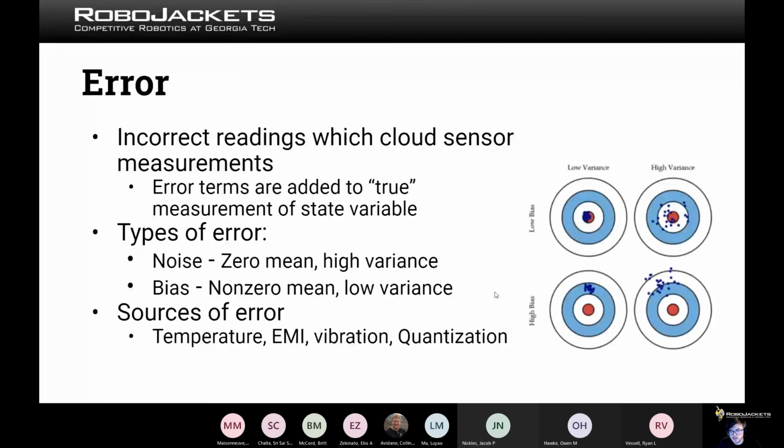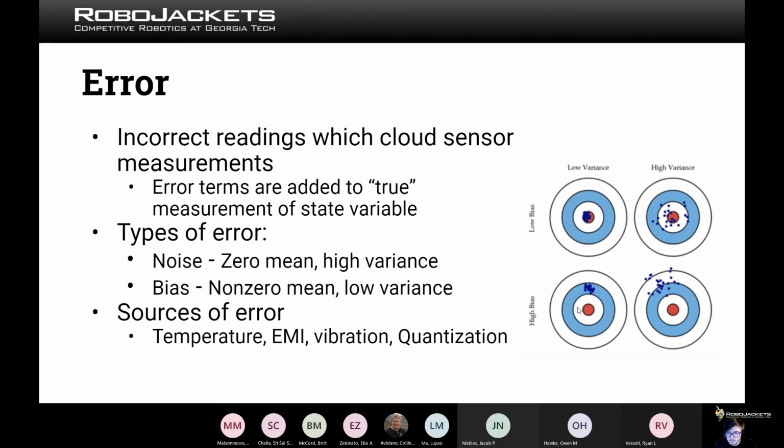If you look at this diagram over here to show it: low variance, low bias, it's closest to the center, which is what you want, of course. But if you have high variance, which would be high amounts of noise effectively, if you take the average of the values, they are pretty close to the center, but they're all scattered around.